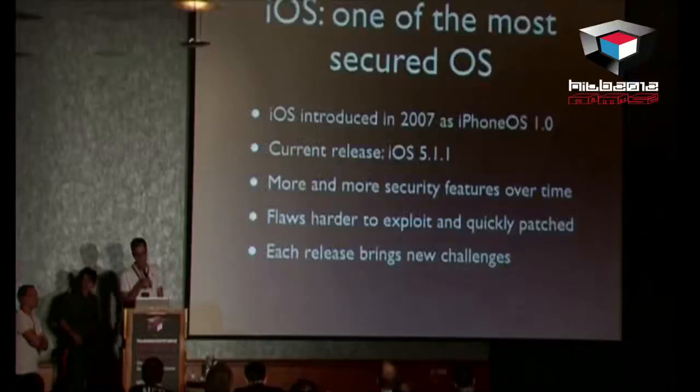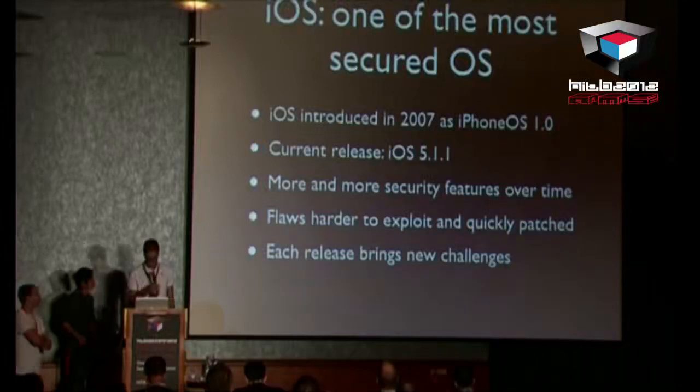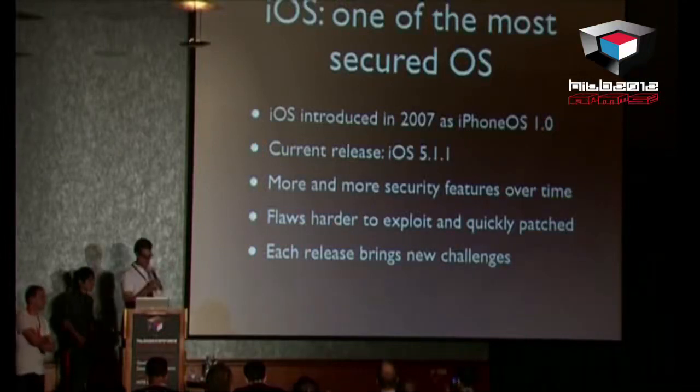So it has grown to a really well-secured operating system, and it's considered to be one of the most secured OSs around. The flaws that we use for jailbreaking are getting harder and harder to find.